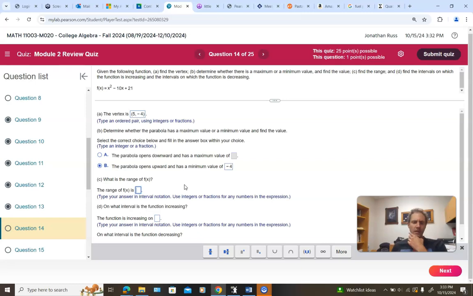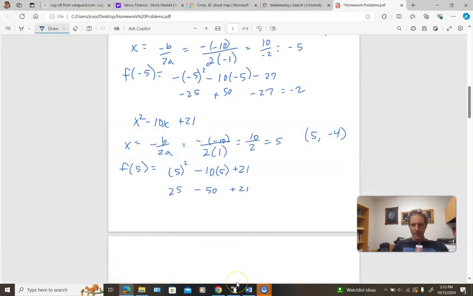Well, guys, you got to sort of picture it in your head. If the parabola is opening upwards, and this is the lowest point, and it has a y-coordinate of -4, then the range is going to go from -4 upward all the way to +infinity.